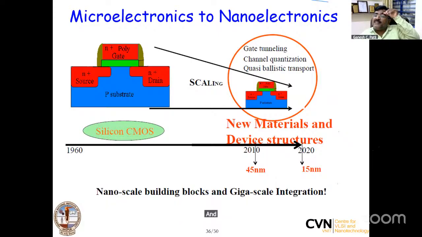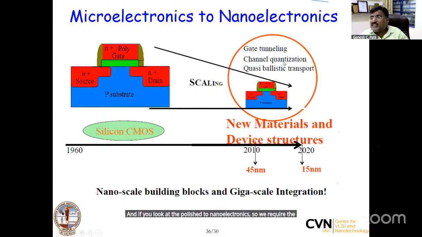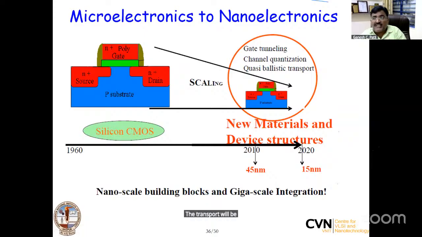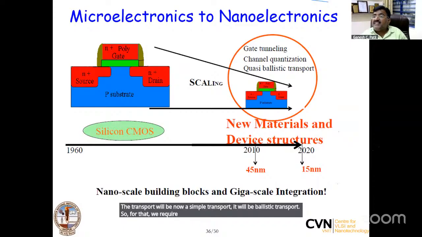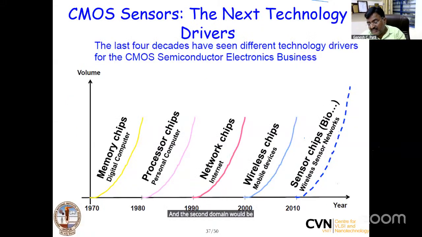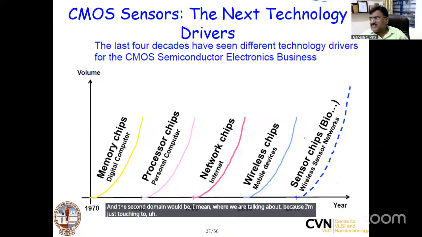If you look at microelectronics to nanoelectronics, new effects will come up, that is gate tunneling and tunnel quantization. The transport will no longer be a simple transport; it will be ballistic transport. For that we require new materials and new device architectures as well. I'm just touching on my domain, which is my research area where I'm working now.